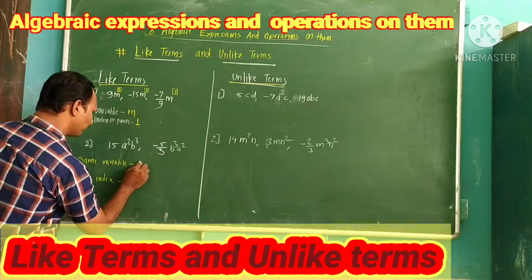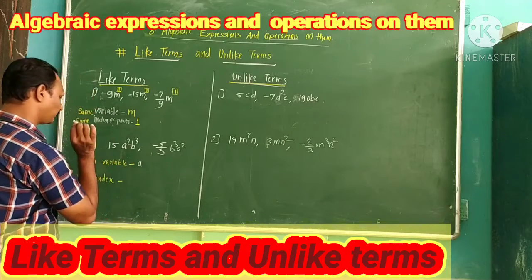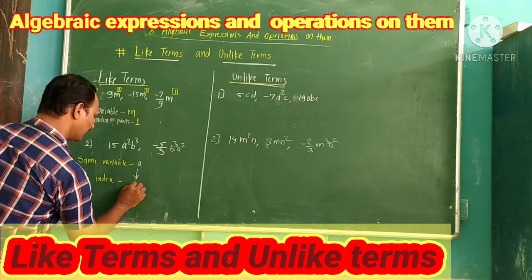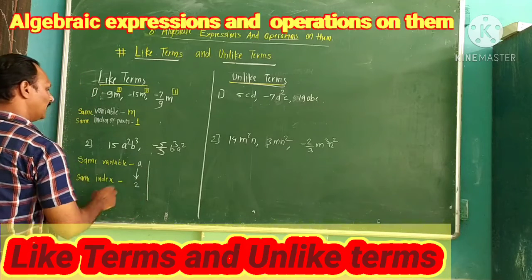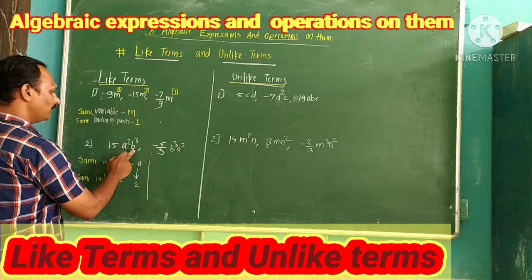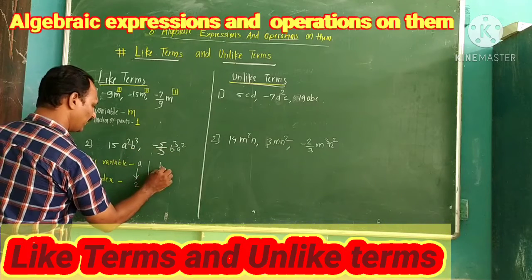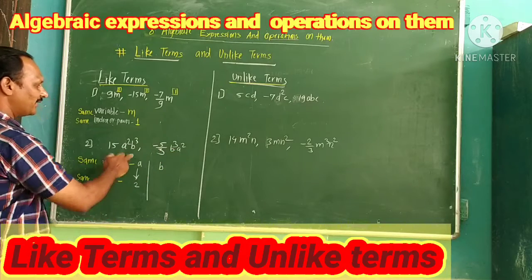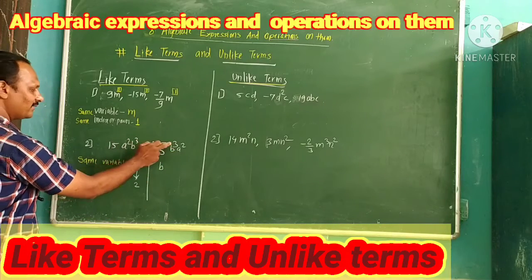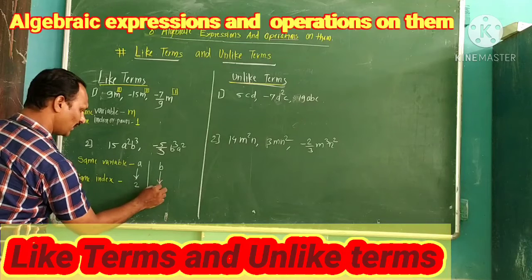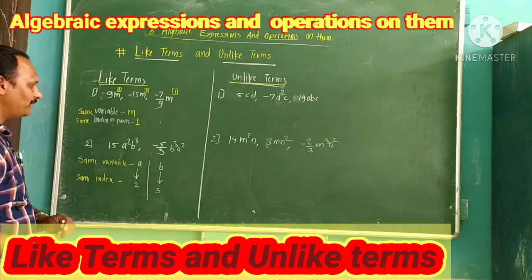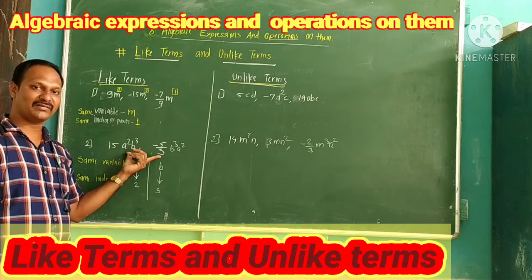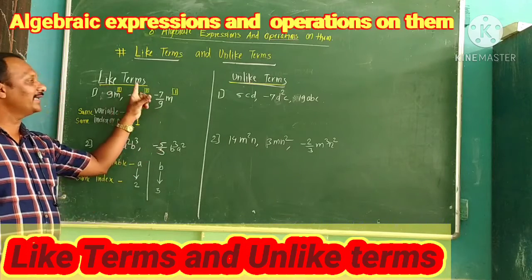You write here a with the same index 2. Now what is the second variable? b and b. The variables are the same, and their index or power is the same: here 3, here 3. So this example is also a type of like terms.